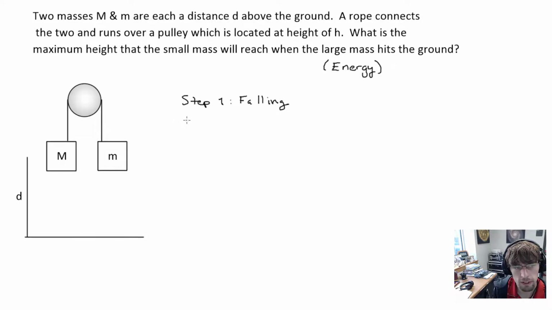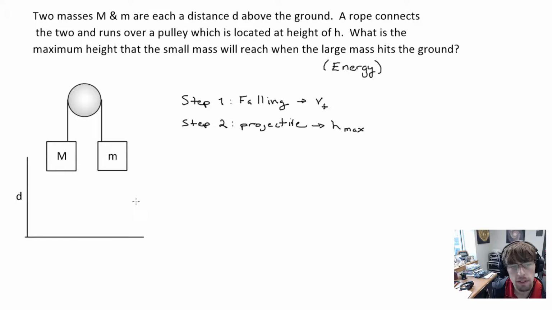And then the second step we'll consider the projectile phase. In other words, when the big box has hit the ground and the little box is now just flying in the air, a projectile. From the falling phase, we'll find the final speed of the box when the big box hits the ground. And in the projectile phase, we'll be able to find the max height.